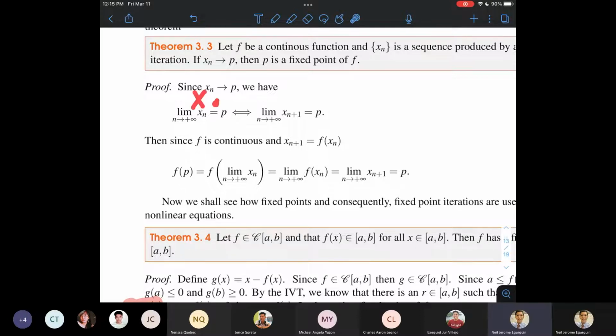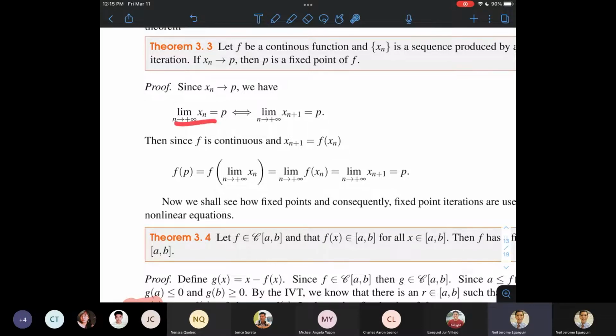So parang imagine mo, parang x sub infinity yung nangyayari. Lagyan ko ng quotation, x sub infinity. So yung x sub infinity, quote-unquote, ay equal kay p. Now, pag dinagdagan ko ng isa yung subscript, magiging x sub infinity pa rin yan. Kasi pag nagdagdag ako ng isa sa very large number, it will still be that very large number. Right?